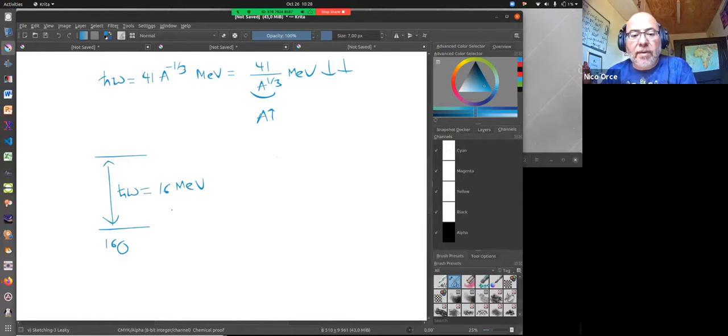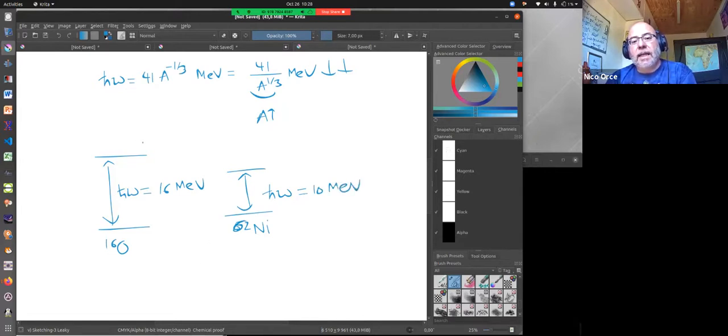We have 10 MeV, right? So this becomes smaller. So h bar omega is equal to about 10 MeV.